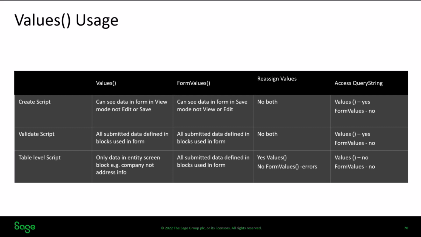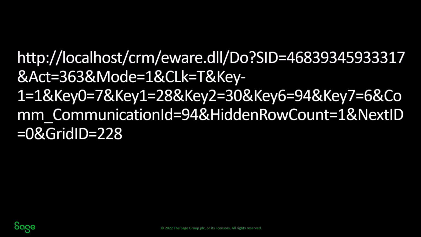We're going to be meeting and using values, form values, as we go through, because we want to read what's going on inside a screen. They're much more to do with validation and table level scripts, but there's still something that we need to understand here, because we can start to read the information within the URL.